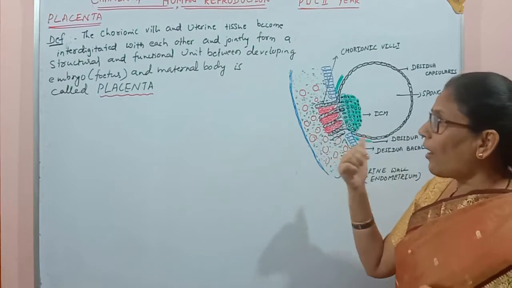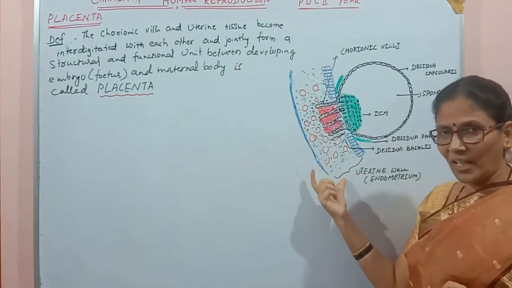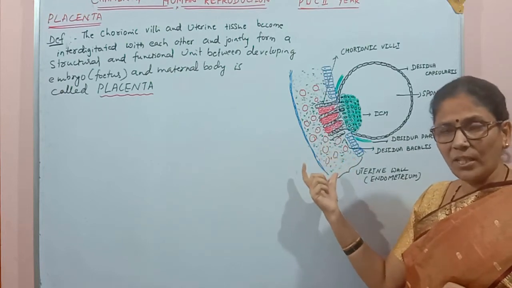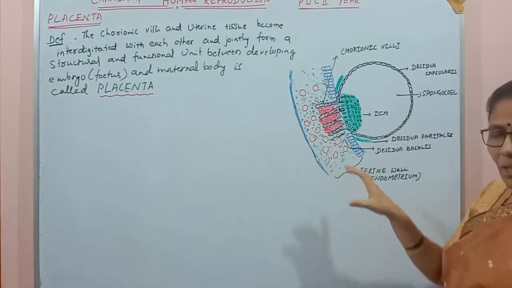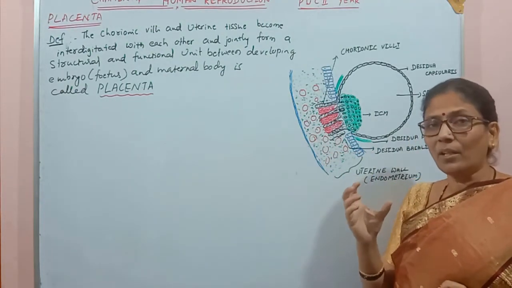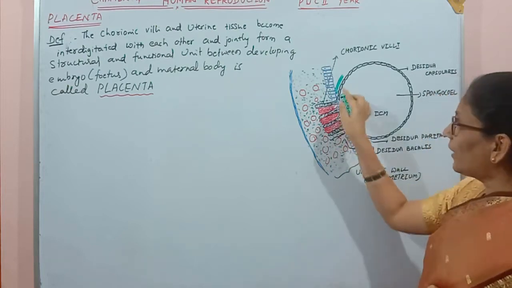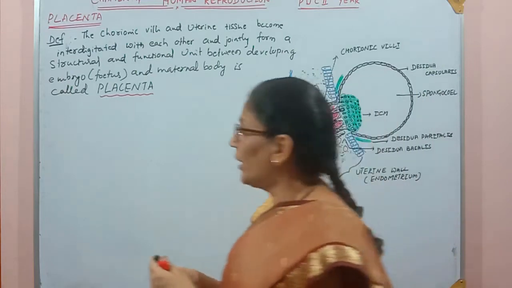Next. So after implantation, the uterine wall is vascularizing and spongy and becoming thick. So the uterine wall is becoming vascularized and spongy and more thick, and that region is called the decidua.